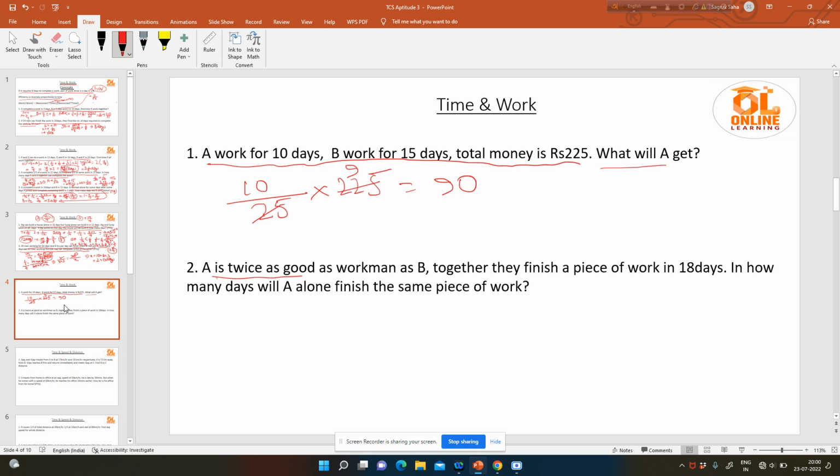Okay, now the second question, it's a very important question. A is twice as good a workman as B. Together they finish a work in 18 days. So in how many days will A alone finish the same piece of work? Let us consider A completes the work in x days.